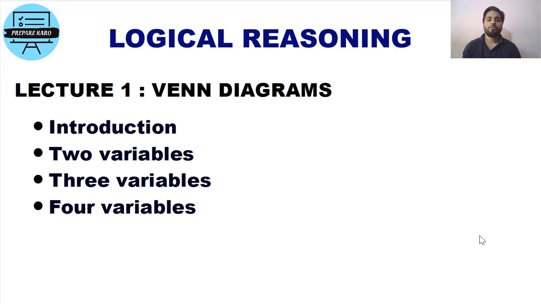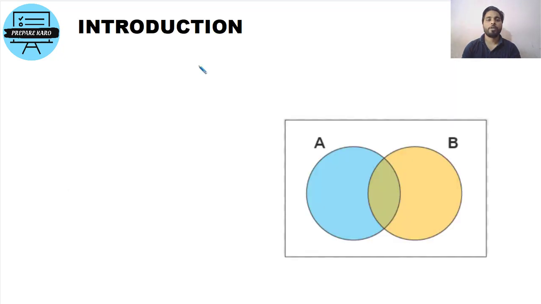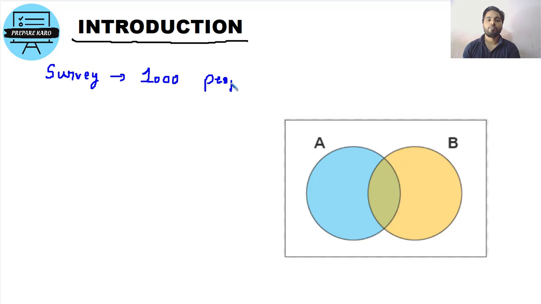So let's come to the introduction part. Where do we need Venn diagrams, what's the purpose of using them and why do we need them? Let's say a survey is conducted over 1000 people.